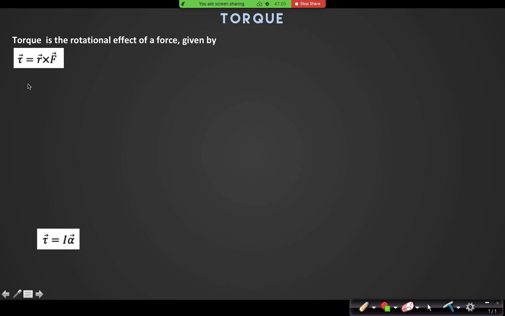Have you ever seen a door? If this is a door and this is the axis of rotation, the handle is far from the axis.